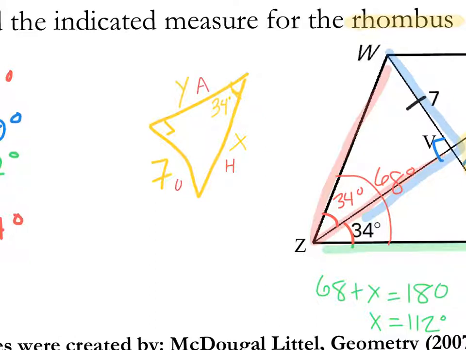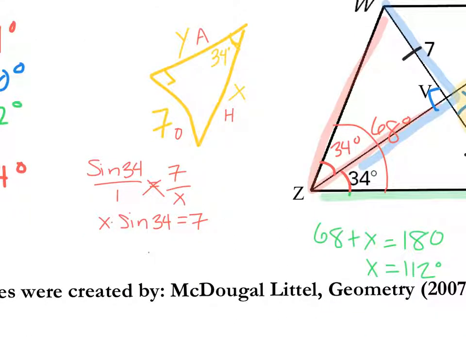So my first one I'm going to solve for is my x. So that's my O and H, so that's going to be sine of 34 over 1 equals 7 over x. And I cross multiply, x times the sine of 34 equals 7. So then I get x equals 7 divided by sine of 34, and I get 12.518.